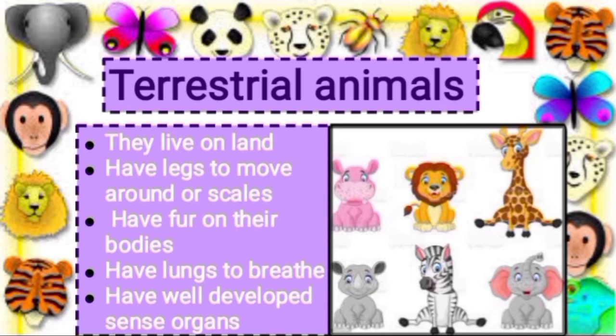Sometimes it is cold on the mountain and in polar regions, whereas it is very hot in the desert. For example, a yak lives on the mountain and a polar bear lives in polar regions.